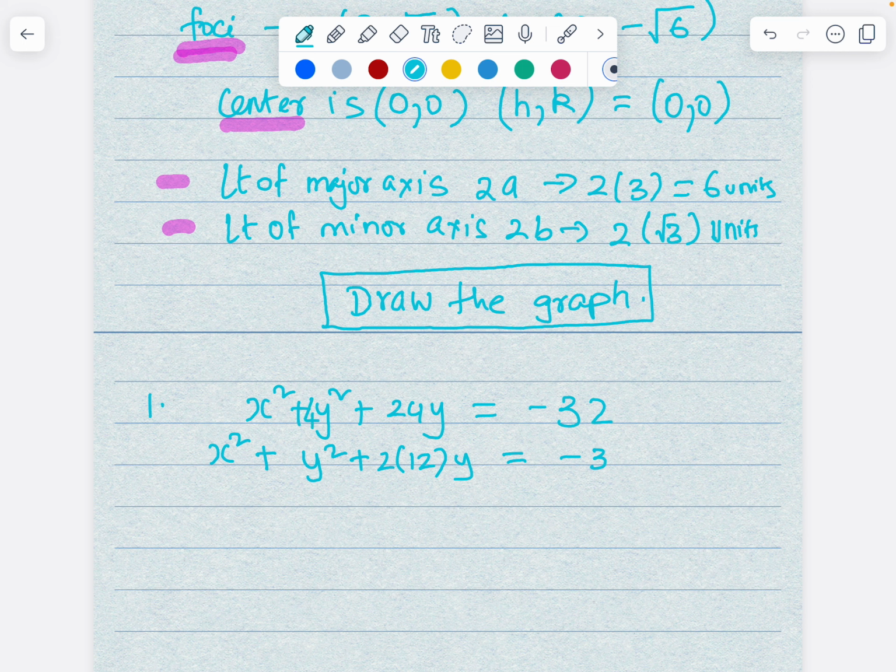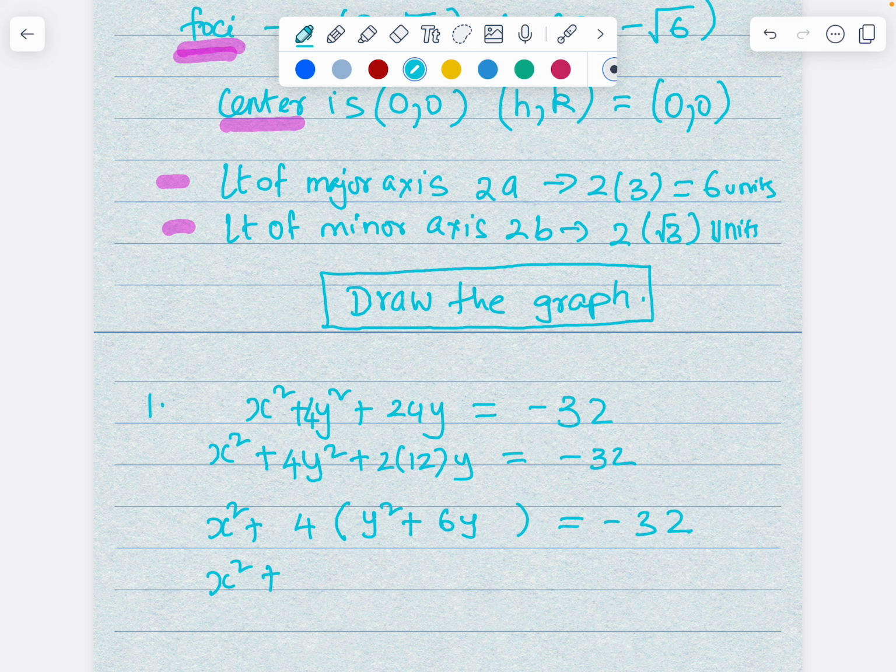So it's 4y square. So when you have this, you want to take out 4 and make sure that your y square term is 1. Okay, is equal to minus 32.